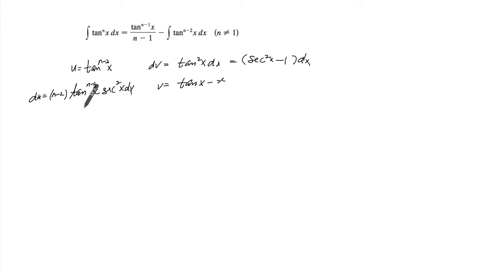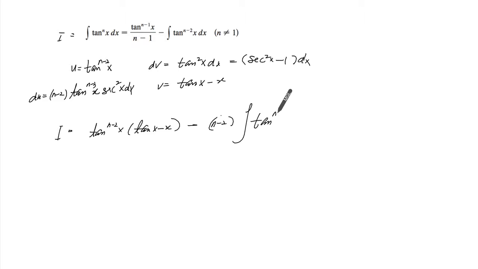Okay, so if I call this I, we get the product of these two, and minus the integral, so n minus 2, the product of all of these guys here. I'm going to change the secant squared into tangent squared x plus 1.